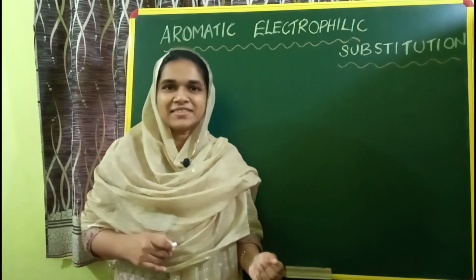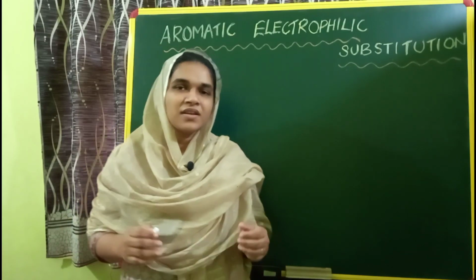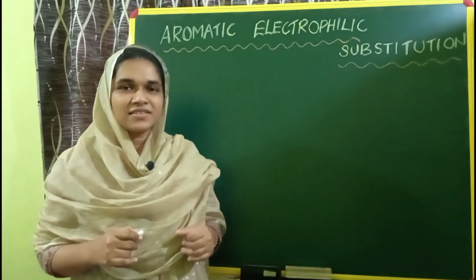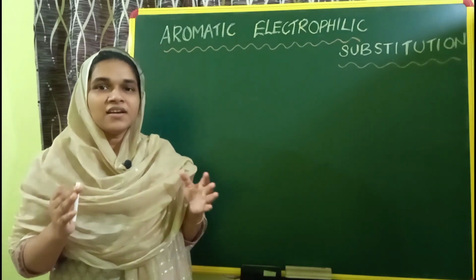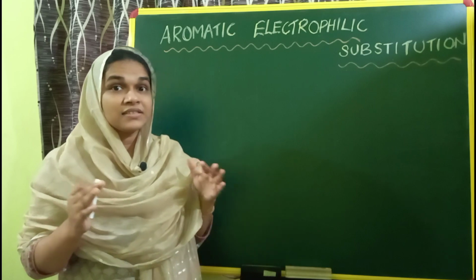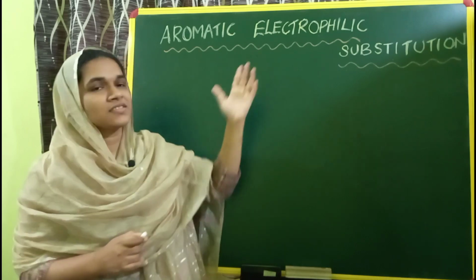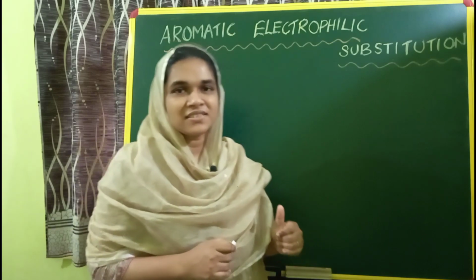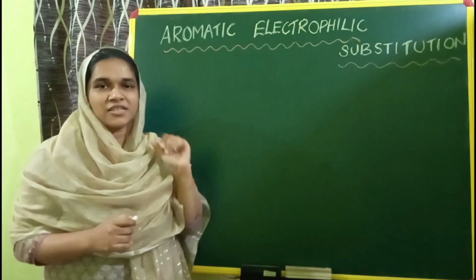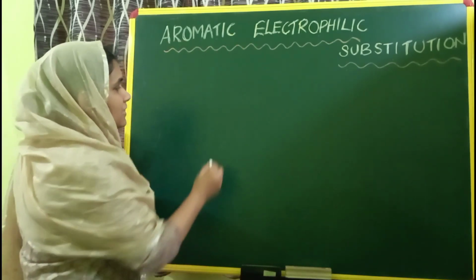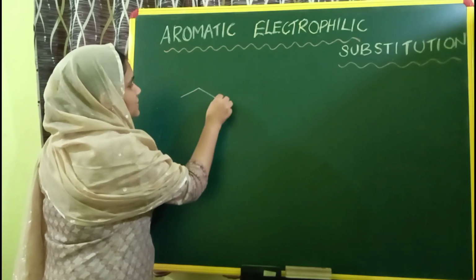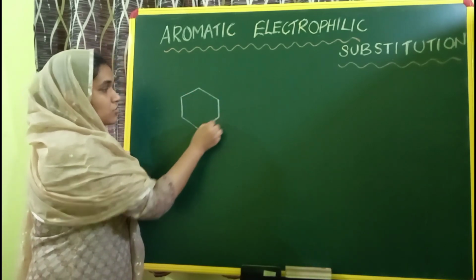Aromatic electrophilic substitution reactions. In case of aliphatic systems, we usually see nucleophilic substitution reactions. In case of aromatic systems, the major reactions are electrophilic substitution reactions. Why? An aromatic system is electron rich.